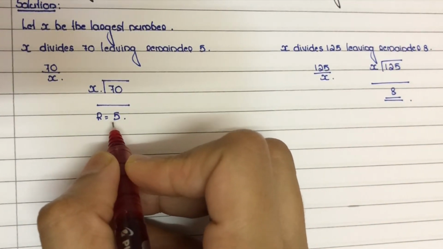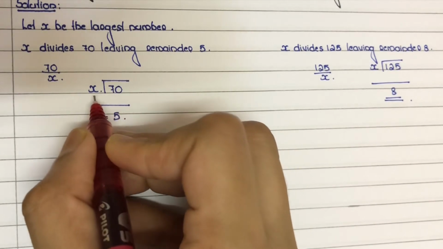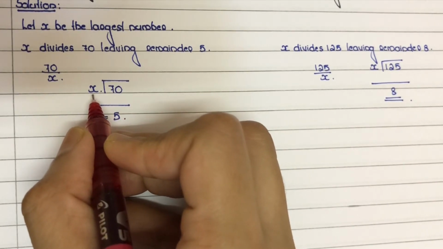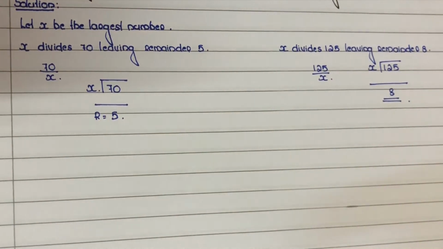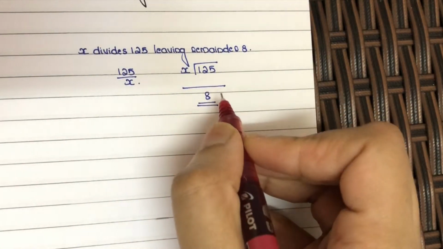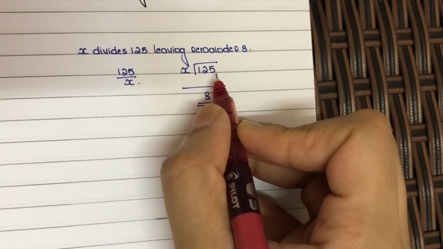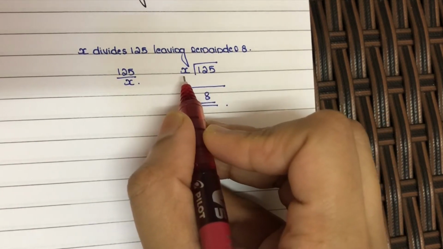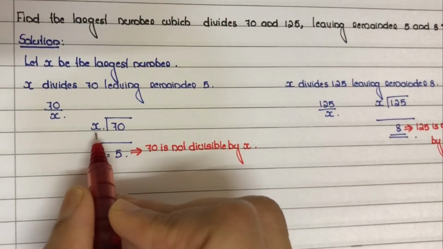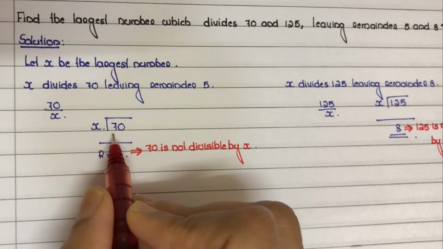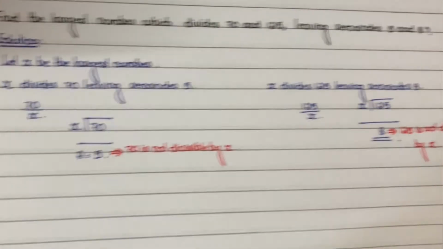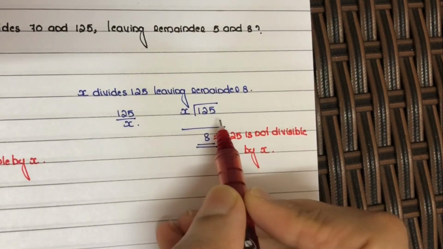What does this mean? 70 is not divisible by x. Similarly, here also remainder is not equal to 0, which implies 125 is not divisible by x. Or we can say that x is not a factor of 70. Also, x is not a factor of 125.